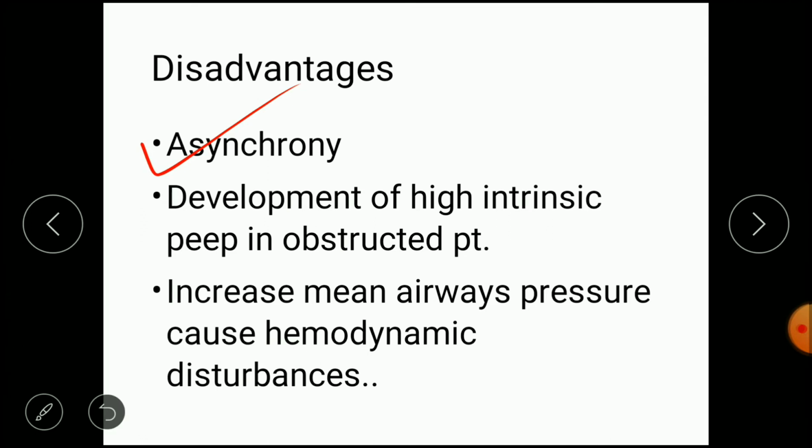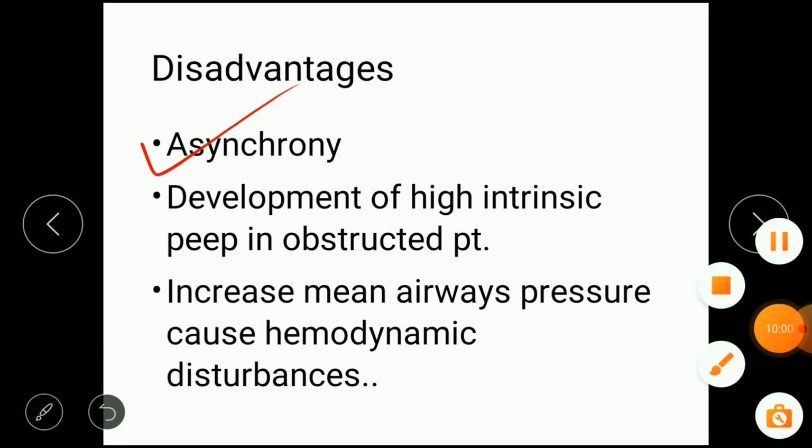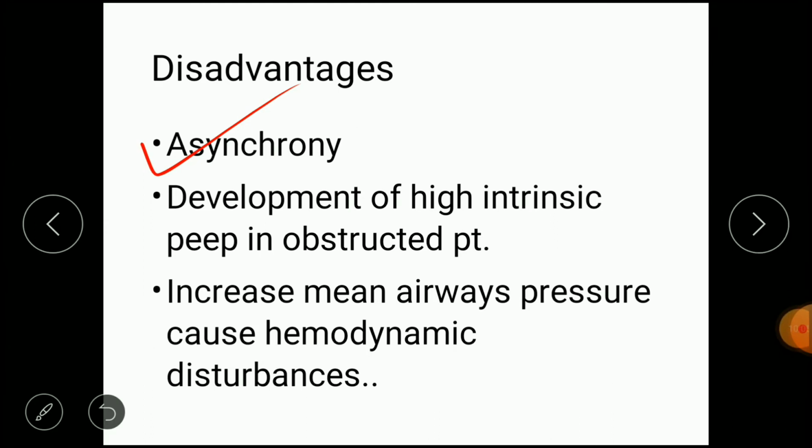Increased mean airway pressure causes hemodynamic disturbance. Mean airway pressure is generally increased, and that's why hemodynamic disturbances are present. Hemodynamics means the variation of normal physiological parameters occurs.